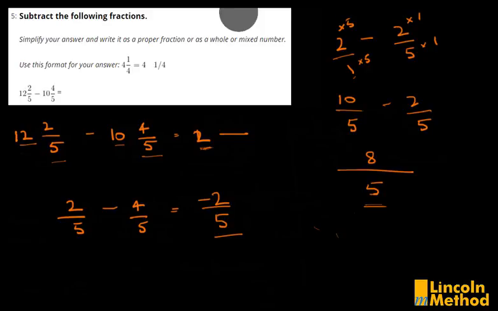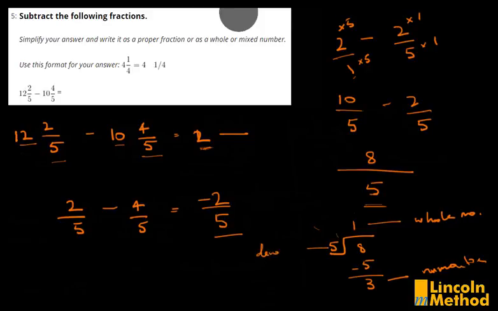So we're going to divide both of these, and 5 ones are 5, and we're left with a remainder of 3. So we have 1 as the whole number, and 3 as the numerator, and 5 will remain as a denominator.